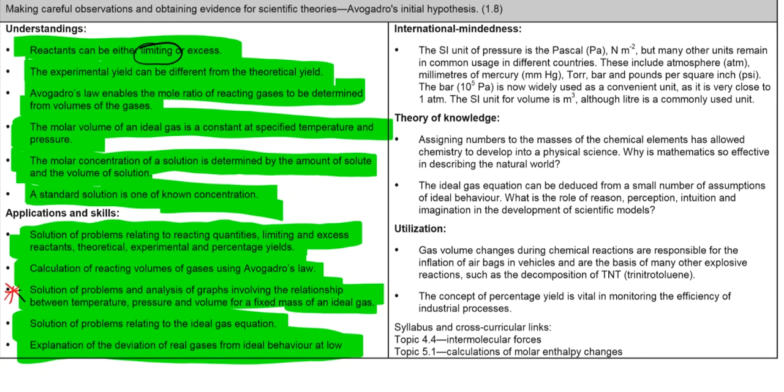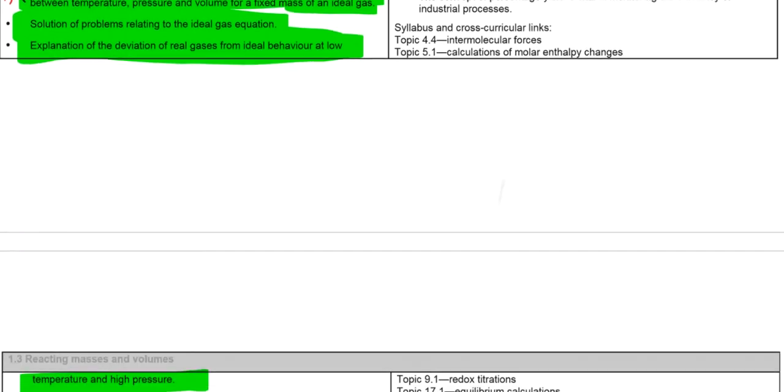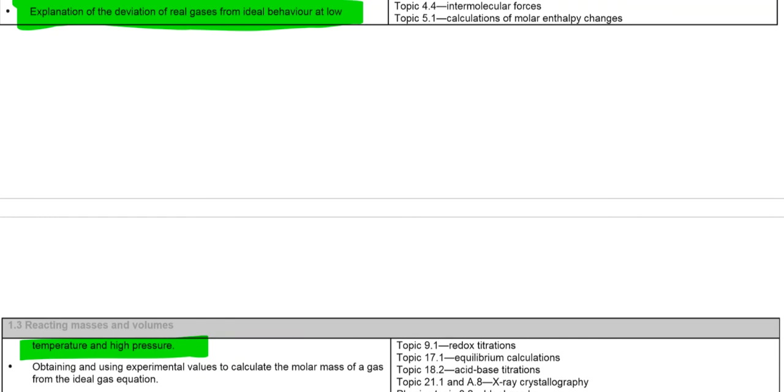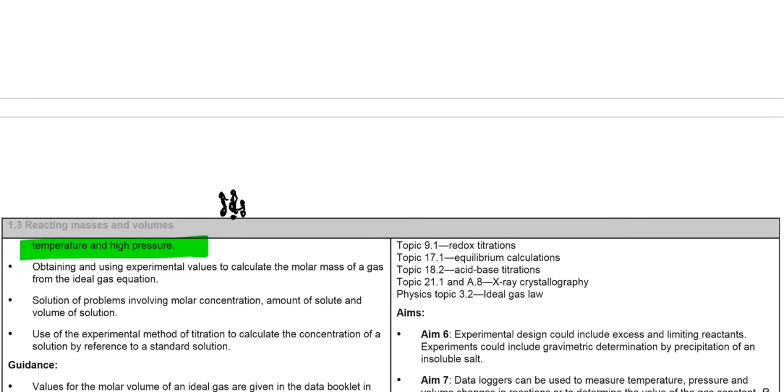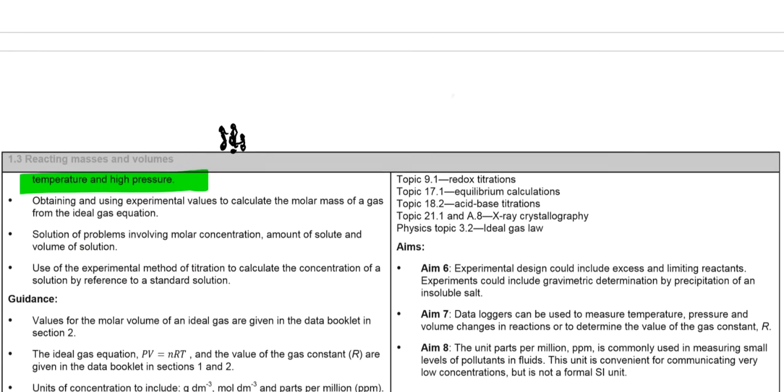So we're assuming something that's not true in the real world, and when we have low temperature and high pressure, gas molecules become super tightly packed, and their intermolecular forces become more significant. Because of this, we diverge from the ideal behavior model, and we get some results that are a bit different from the ideal gas equation. But you won't have to know how to make calculations with the adjusted gas law.